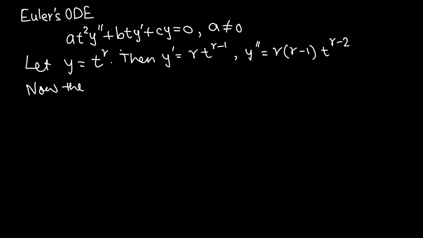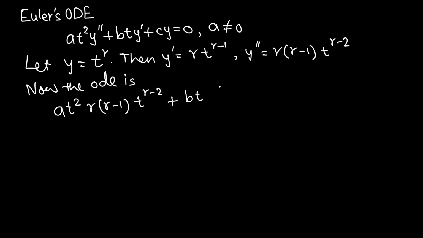Now the ODE becomes a t squared y double prime, which is here r(r-1) t^(r-2), plus b t y prime, which is r t^(r-1), plus c y, which is t raised to r, equals 0.